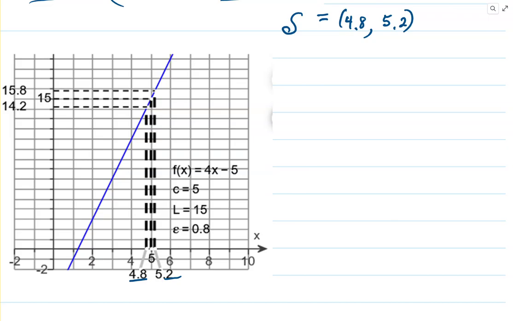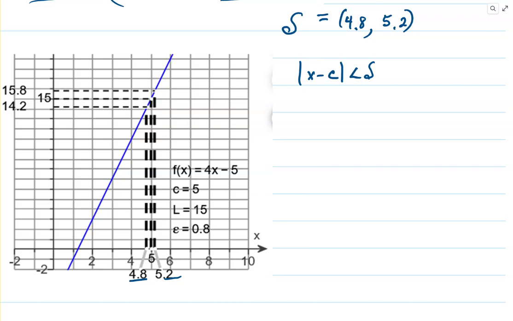Now, we could have done it going with epsilon and then getting that same interval, but that's a lot of extra math. This is drawn to scale. It is a line. A line is precise. Is everybody comfortable with that? All right. So what we need to do then is to do what we did before. We're going to figure out the absolute value of x minus the c has to be less than that delta. All right. Is everybody comfortable with that?